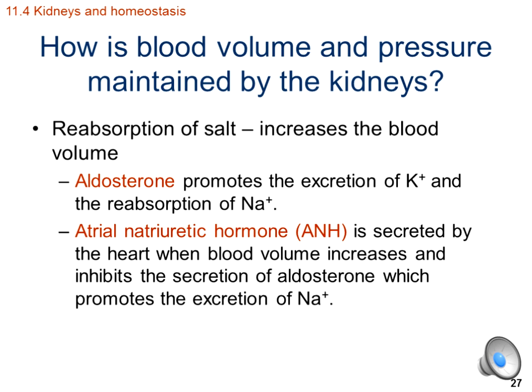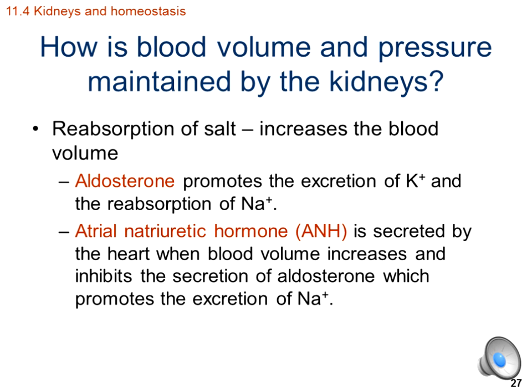So how are blood volume and pressure maintained by the kidneys? Simply by the reabsorption of salt. And there are two ways that we can do that. Primarily using aldosterone, we can reabsorb salt that way; it promotes the excretion of potassium ions and reabsorbs sodium ions instead. And there is atrial natriuretic peptide, which is secreted by the heart when the blood volume gets too high.